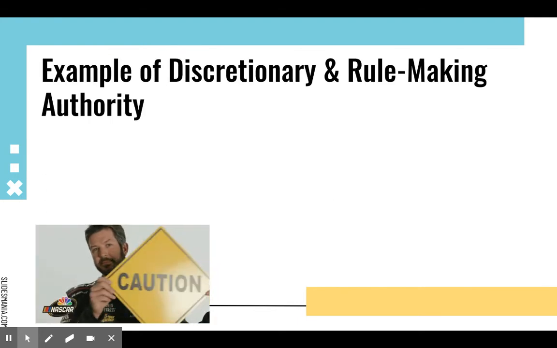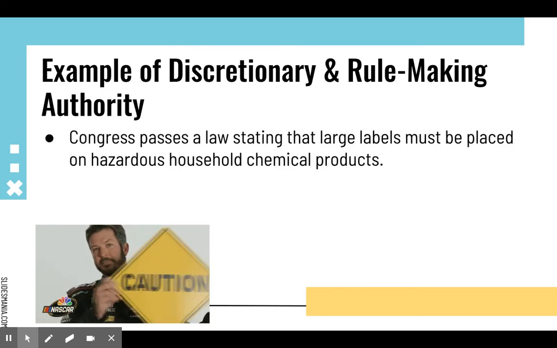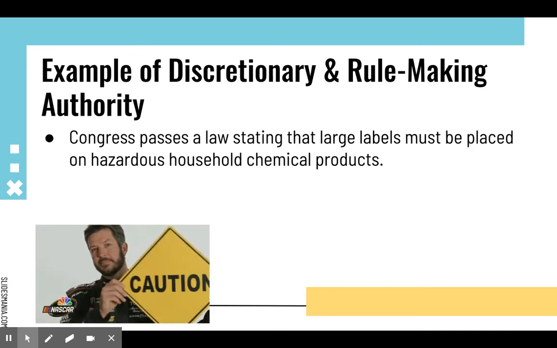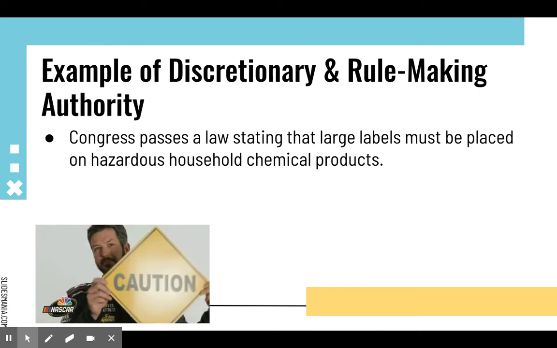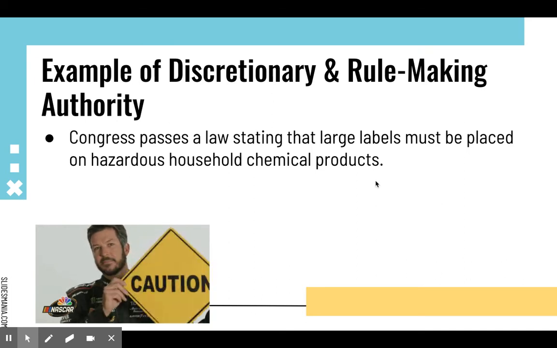So here's an example of what I'm talking about here. Congress, we know, is our lawmaking body of government. They'll pass a law that says that large labels must be placed on hazardous household chemical products. That's what the law says. Now, as we will practice in class, you'll see that that's actually pretty vague.